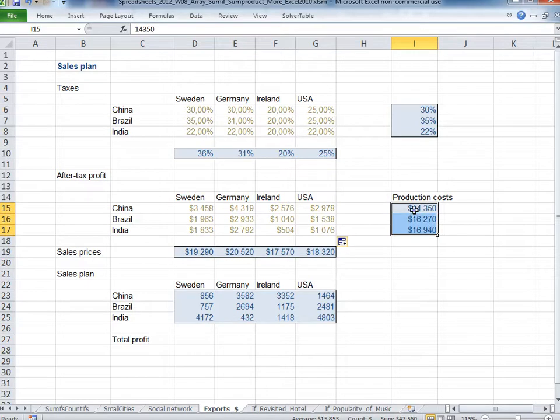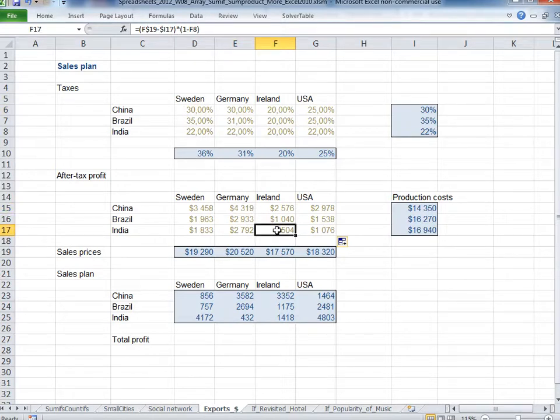But what about the taxes? Germany 31, China 30. So as we're selecting the lower one, we will have 30% selected. This isn't that low, but I guess the sales price and production cost being so high and low respectively are what contribute to this highest profit. And the lowest one is to produce in India and sell in Ireland.